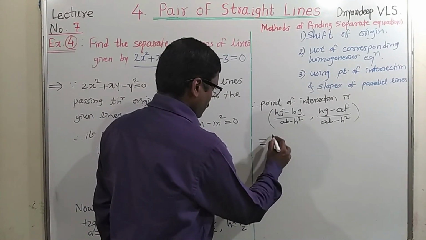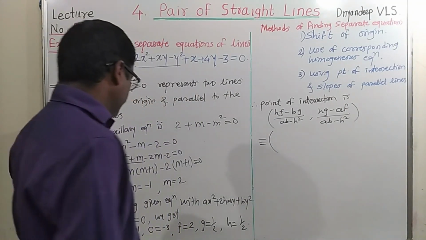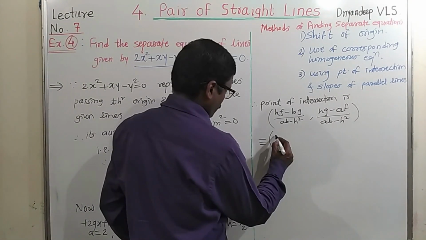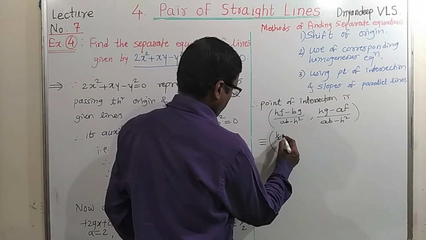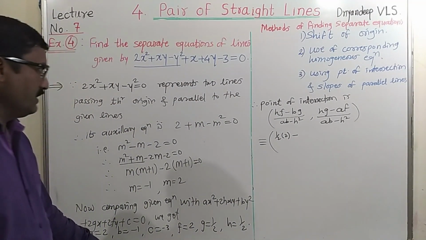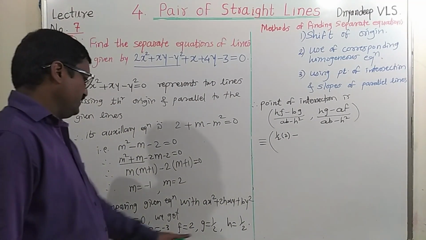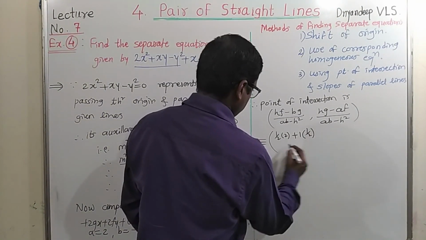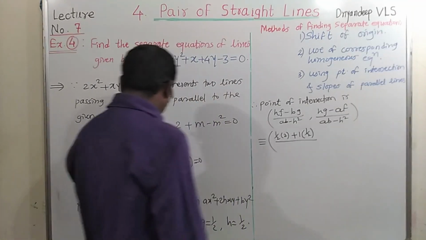So it is equal to H is half, F is 2, half into 2 minus B is minus 1 and G is half, so plus 1 into half, whole divided by AB.